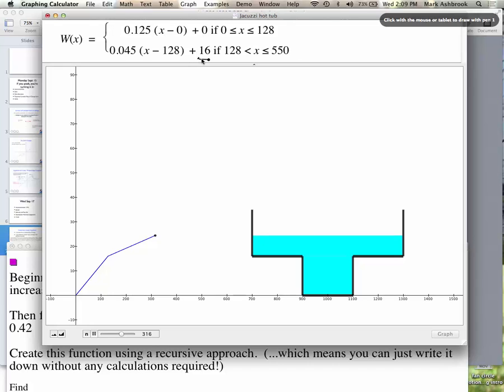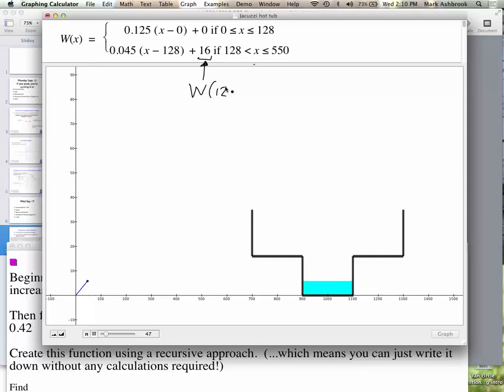This 16, where did it come from? We know that the step is 16 inches high. But isn't that 16 an output of this function for what number of gallons? Isn't this W of 128?